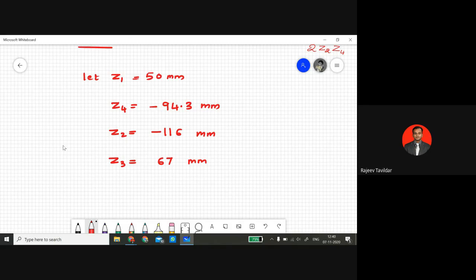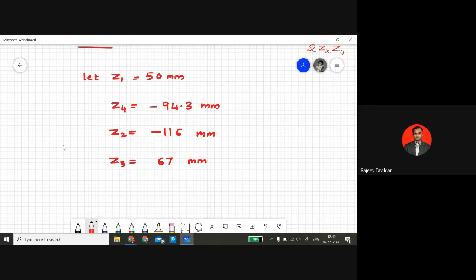Can anyone tell me whether these are scalar or vectors? Sir, they are vector quantities. How do we justify this? See, what is Z1 actually? It is a link length. When I'm saying only length, it will have only magnitude.